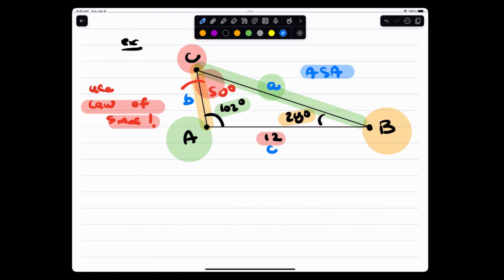Angle, side, angle. All righty. So, tell me if you guys agree with this statement by law of sines. We know sine of 50 degrees divided by 12. Isn't that one ratio? Notice this, though.